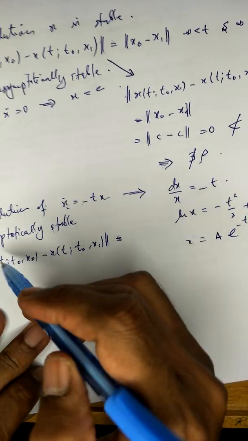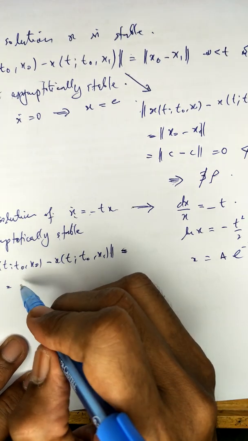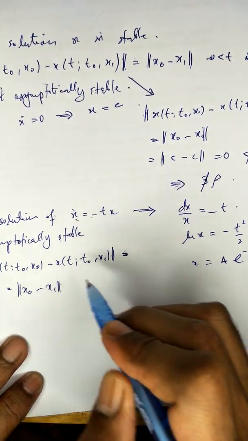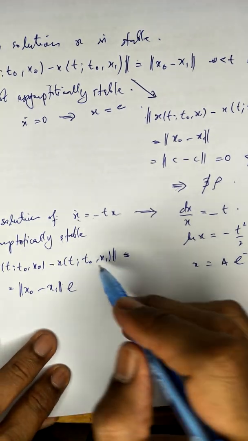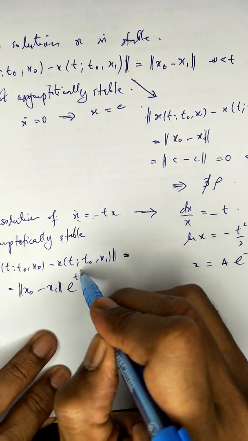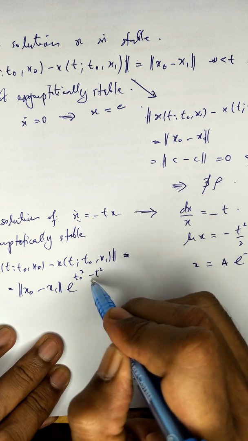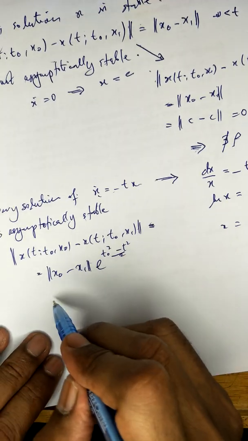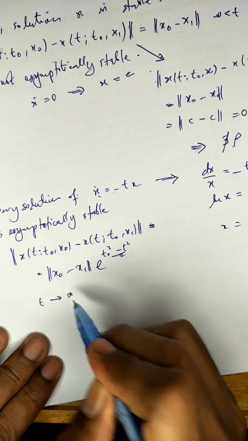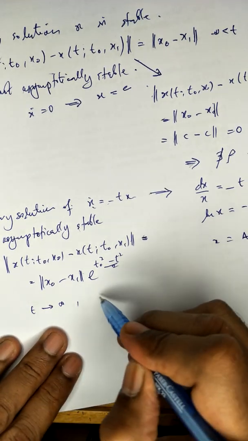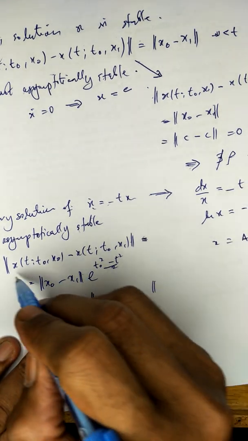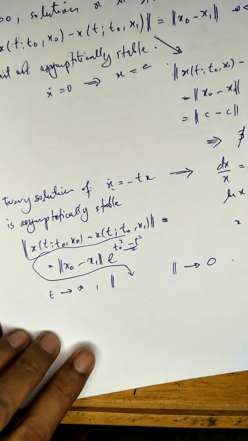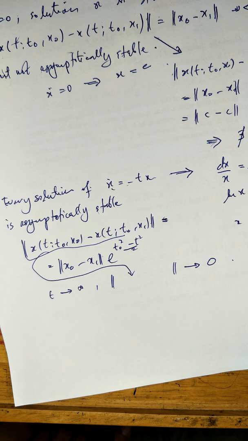So for this case, we have x0 minus x1 times the exponent of (t0 squared minus t squared) over 2. As t goes to infinity, those things go to 0. So this is asymptotically stable.